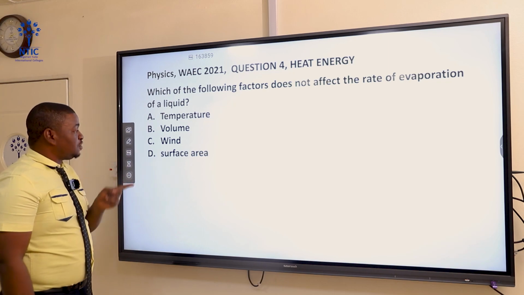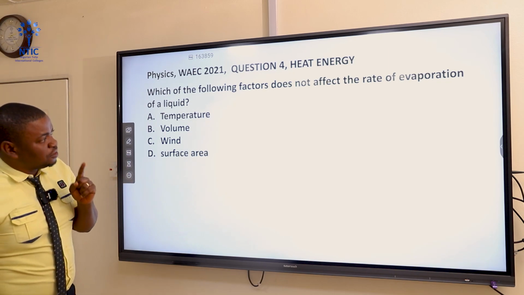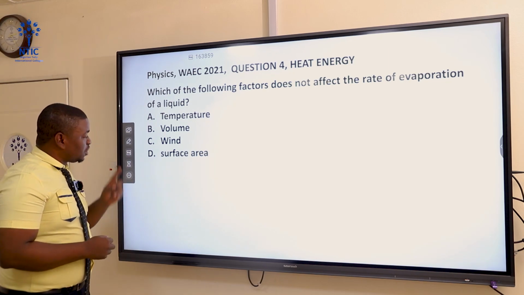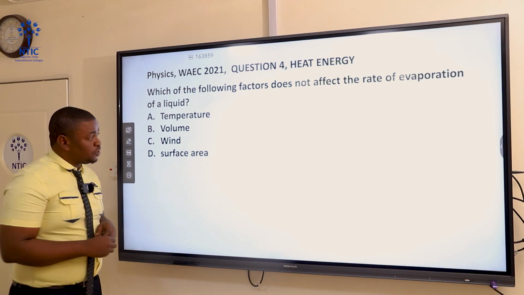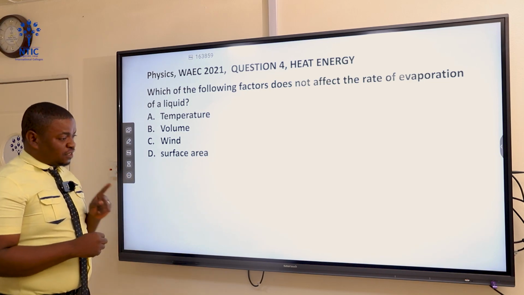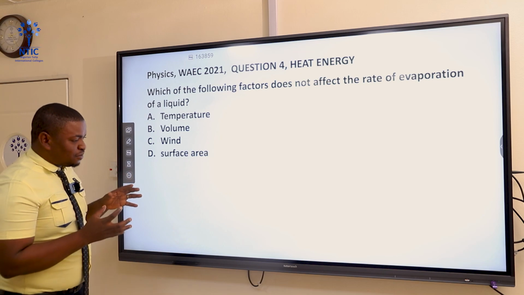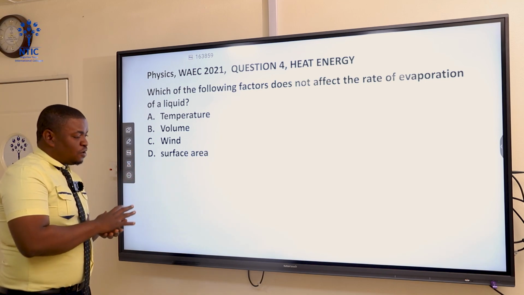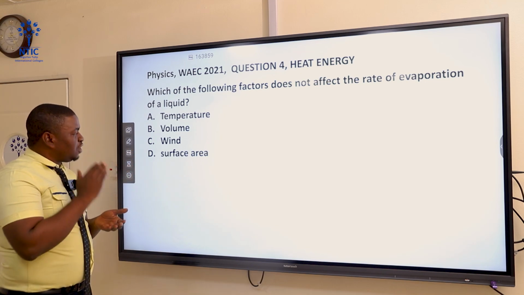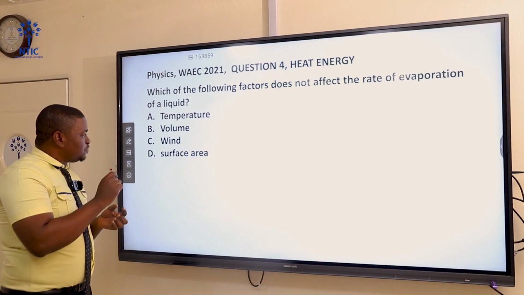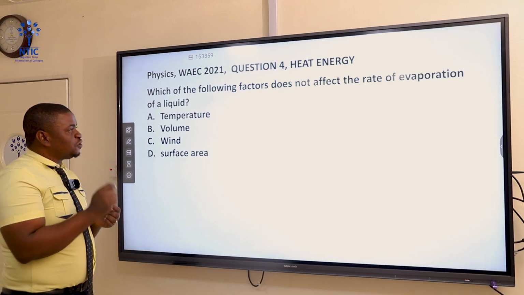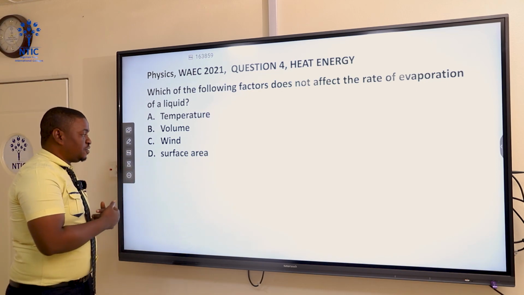Reduce. So temperature is a factor that affects the rate of evaporation of a liquid. The next option is what we call volume. Volume does not have effects. How? Whether the liquid is small or the liquid is big or large, the volume of the liquid does not have effect on the rate of evaporation.